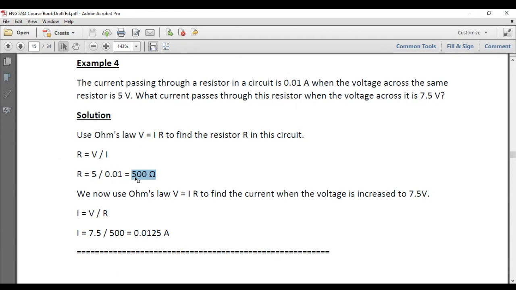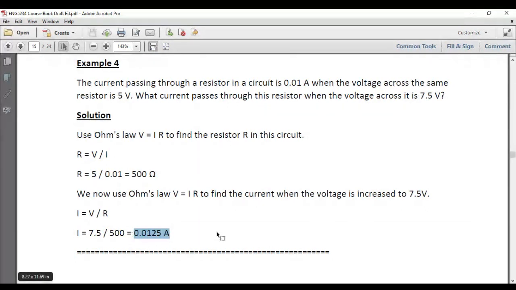Now we have the resistor, we can easily solve the second part. What is the current passing through this resistor when the voltage is 7.5 volts? We have the new voltage and we already know the resistor value. Simply use Ohm's law, I is equal to V divided by R. The new voltage is 7.5 volts, the resistor value is the same, divide and you find the answer.